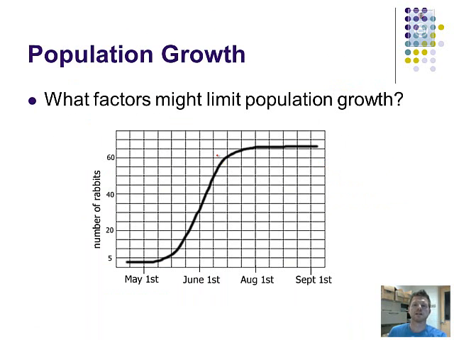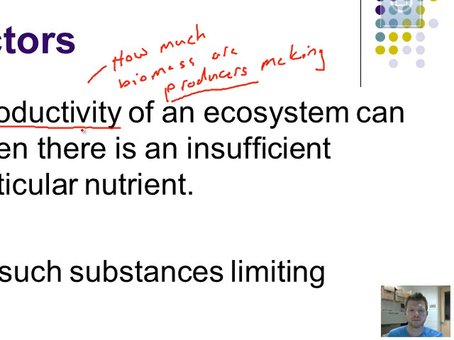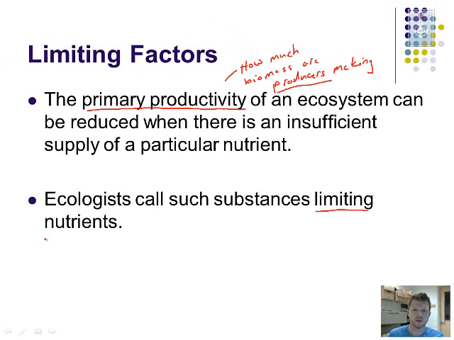What factors might limit population growth? One thing, the primary productivity of an ecosystem can be reduced when there's insufficient supply of a particular nutrient. We can call some of these particular resources limiting nutrients.